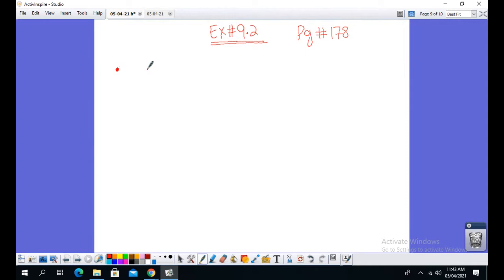First of all, let's suppose we have 2 points. The first point is x1 y1 and the other point is x2 y2. What is the formula for the distance between these 2 points?